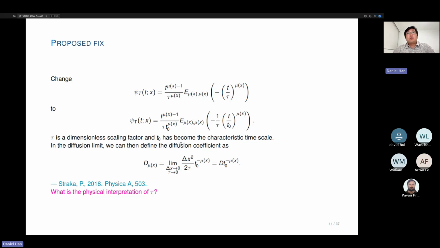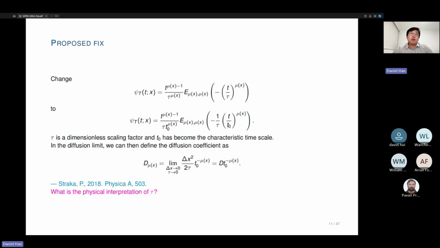And this was introduced by Peter Straka in 2018 in terms of a continuous time random walk, as a formal stochastic process and the formal limit. And tau is now something that you see as a dimensionless scaling factor, and T0 is now the characteristic timescale.